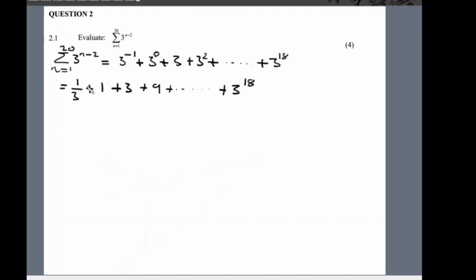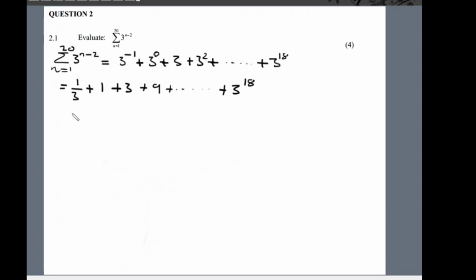Notice from our terms, to move from 1 over 3 to 1 we multiplied by 3, to move from 1 to 3 we multiplied by 3, and to move from 3 to 9 we also multiplied by 3.